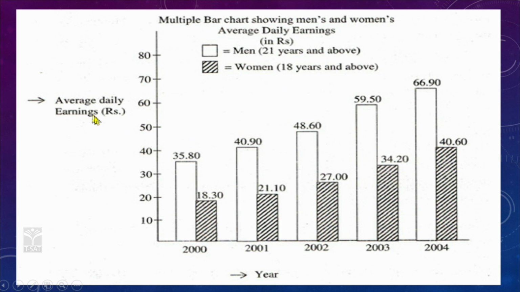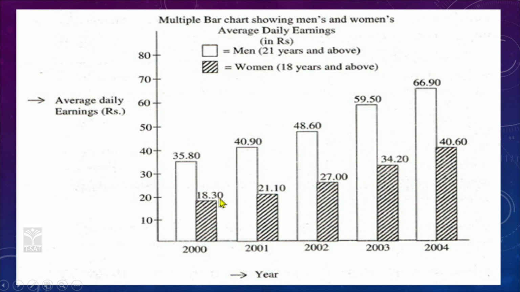Average daily earnings are given, and the year, in which year? In 2000, the average earning of men is 35 rupees 80 paisa. For women, it is 18 rupees 30 paisa in 2000. In 2001, it increased to 40 rupees 90 paisa for men and 21 rupees 10 paisa for women.